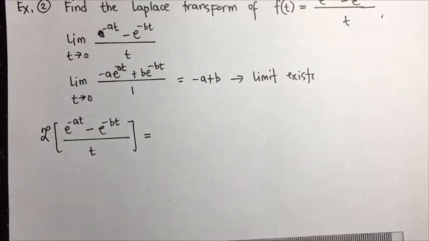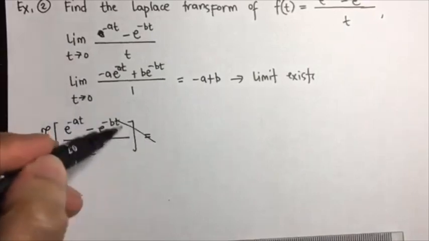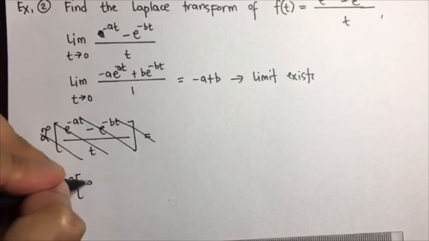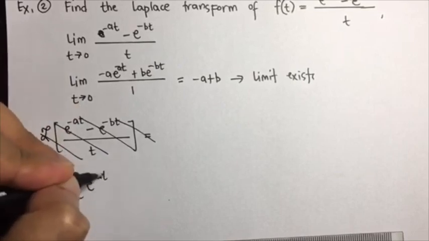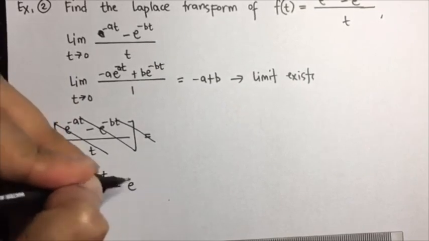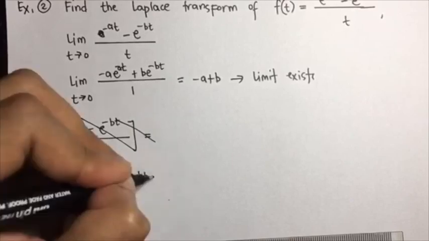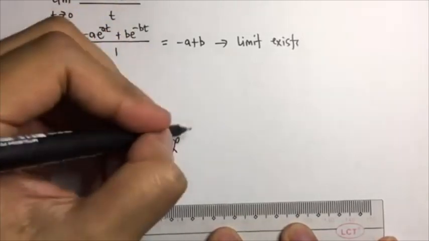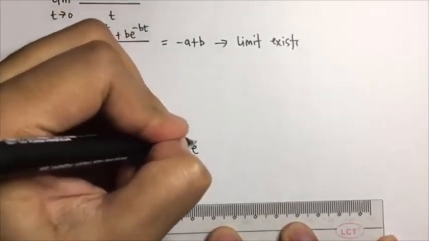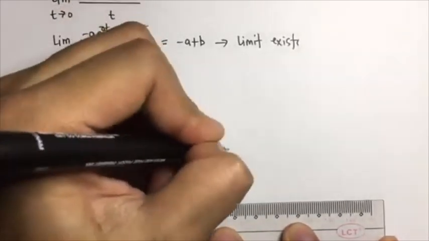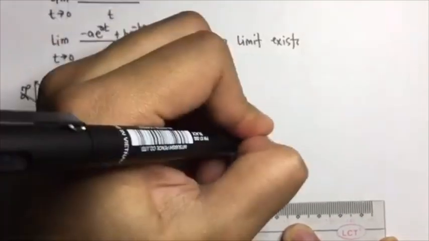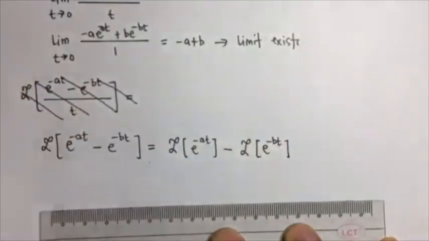So the Laplace transform first of the numerator, e raised to negative at minus e raised to the power of negative bt. So that is equal to the Laplace transform of e raised to the negative at minus the Laplace transform of e raised to the power of negative bt.